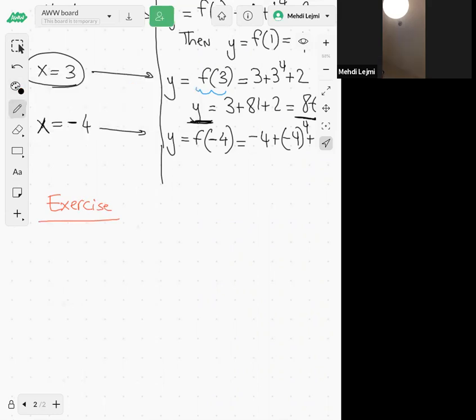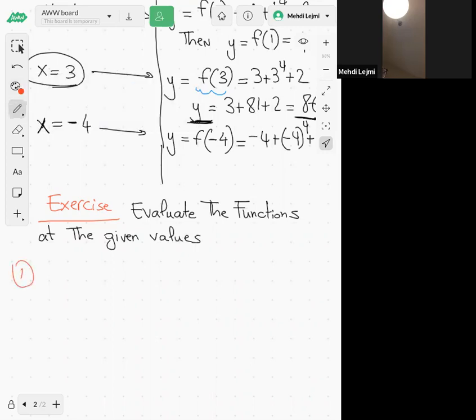Okay, evaluate the following functions at the given values. So first function: whenever you have a function, it means you can express y in terms of x.